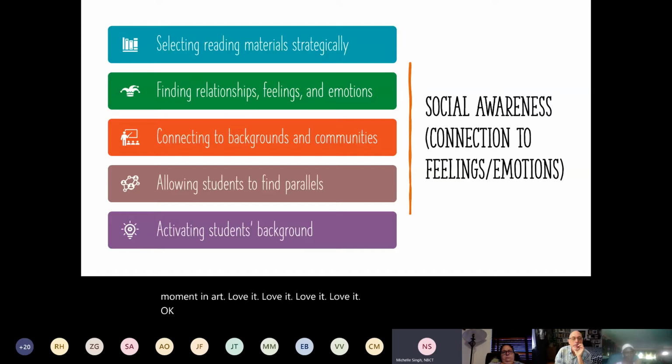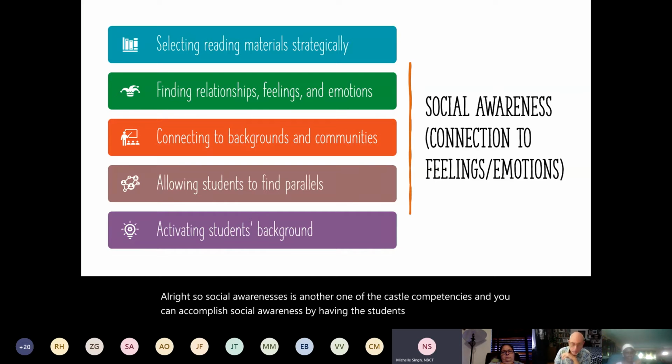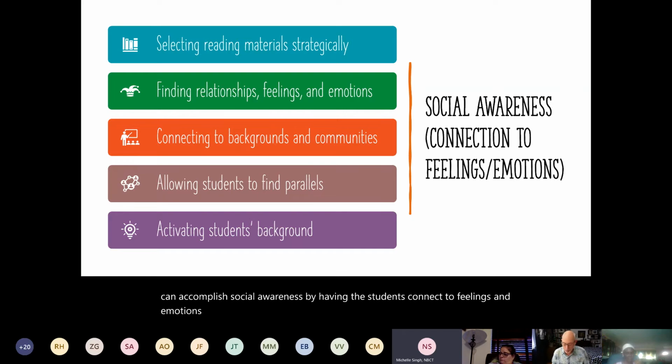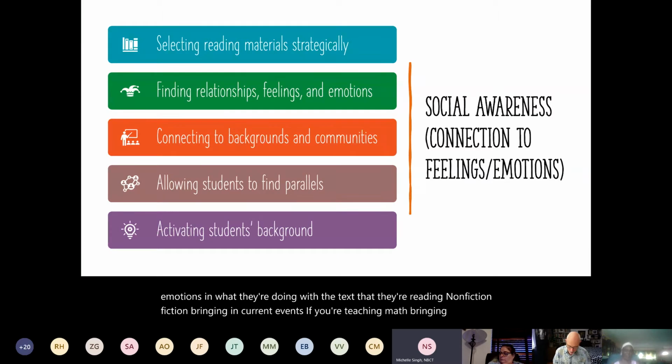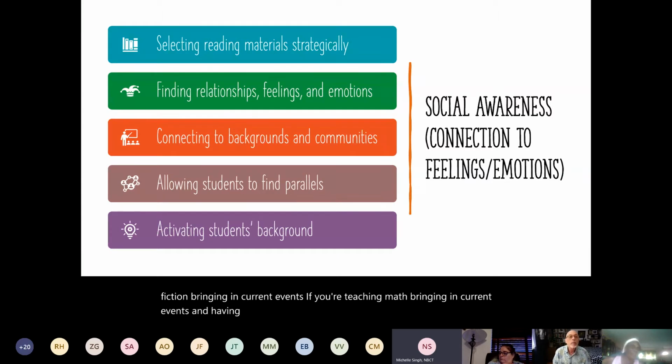So social awareness is another one of the CASEL competencies, and you can accomplish social awareness by having the students connect to feelings and emotions in what they're doing with the text that they're reading, nonfiction, fiction, bringing in current events. If you're teaching math, bringing in current events and having them find connections with that.